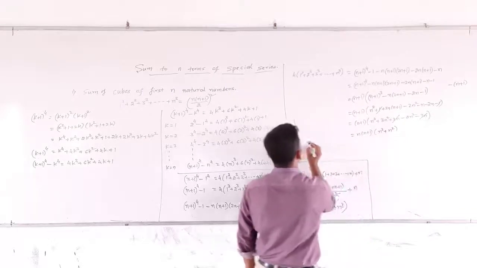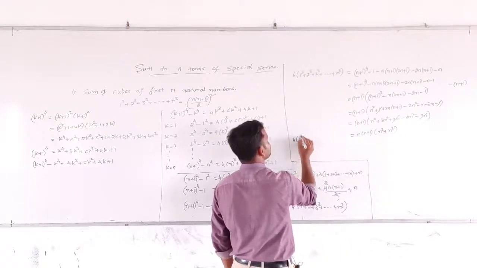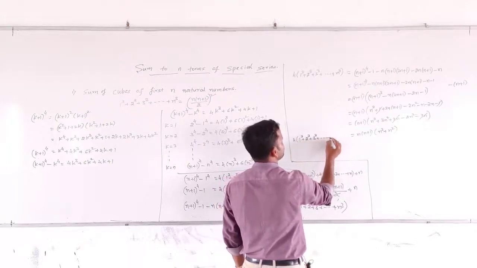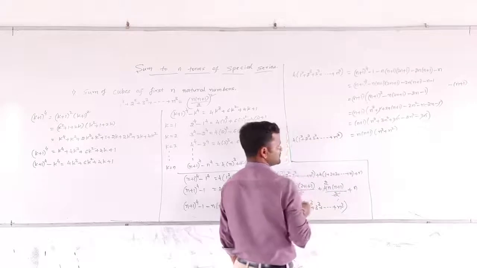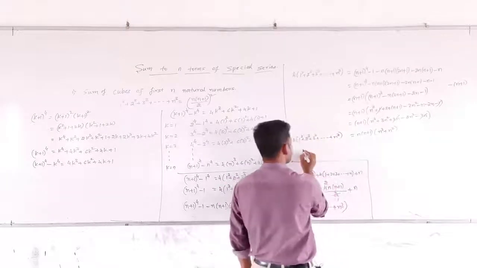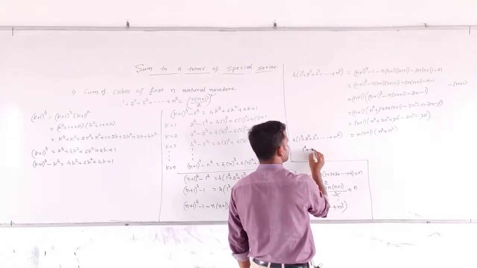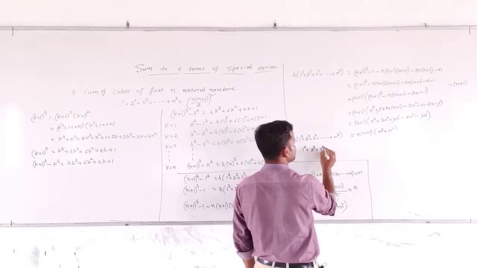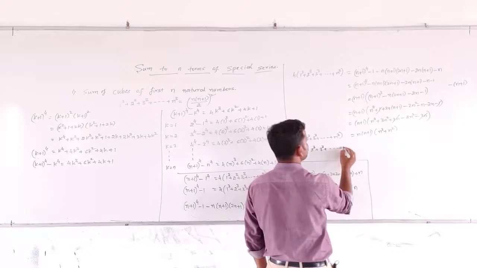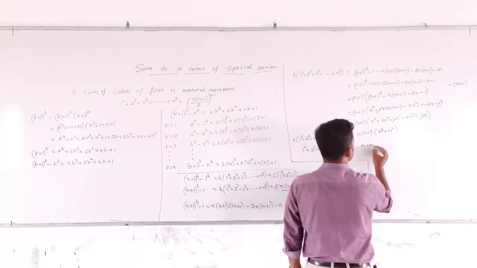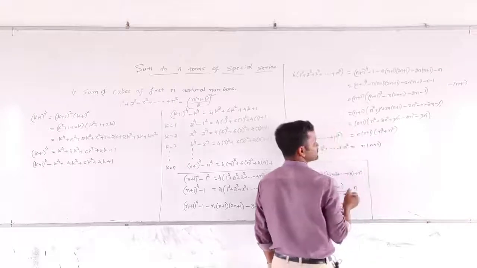Okay, left hand side what I have? I have 4 into (1 cube plus 2 cube plus 3 cube so on up to n cube) is equal to, 4 also I will take to the right hand side. This becomes 1 cube plus 2 cube plus 3 cube so on up to n cube which is equal to n into (n plus 1) into what is common among these two?